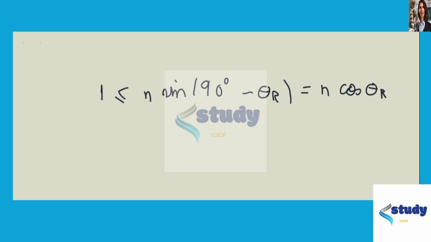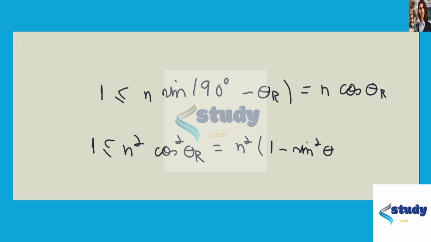And we can square both sides and get that 1 must be greater than or equal to n squared cosine squared theta refracted, that we can write as n squared times 1 minus sine squared of theta refracted.